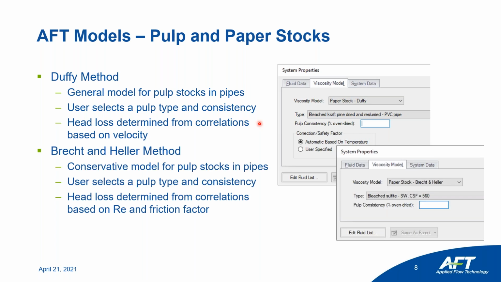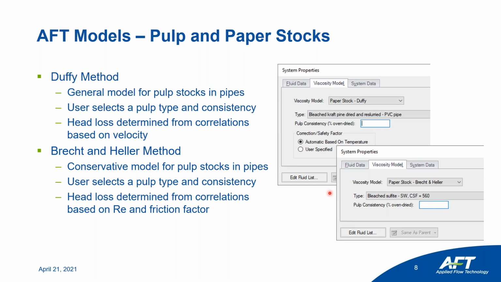Similarly, we have as the second model that AFT offers the Brecht and Heller method. Again, we're going to see this on the viscosity model tab, and our viscosity model is just the next selection down. This model is a more conservative model, again for pulp and paper stocks. And by conservative, I mean that all else held constant, the Brecht and Heller method will give larger pressure drops across each pipe than the Duffy method.